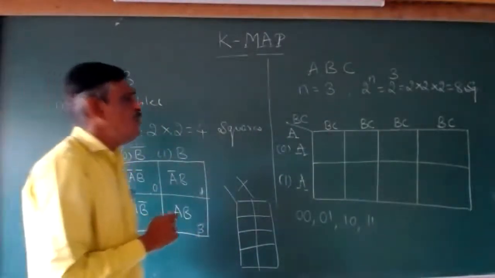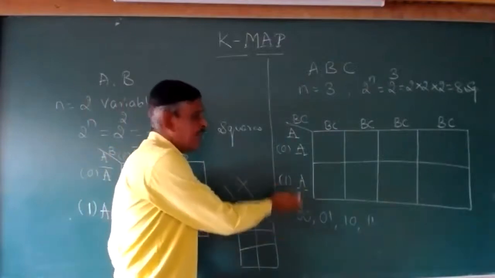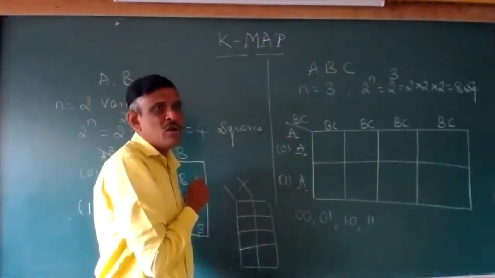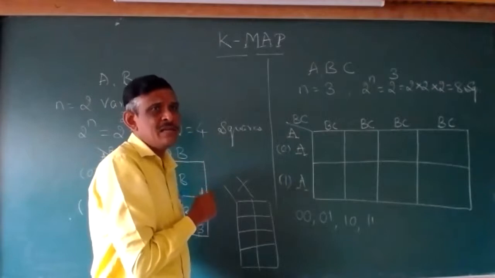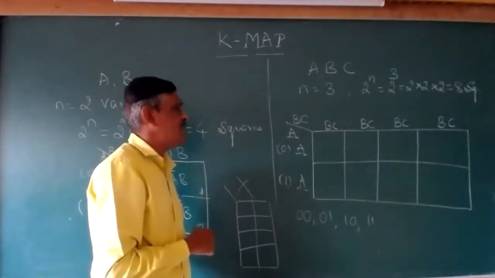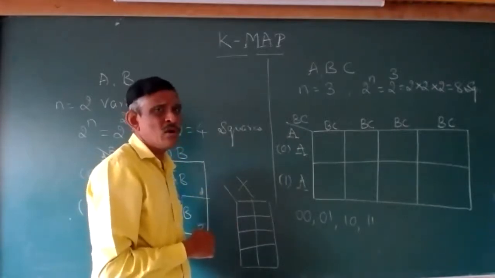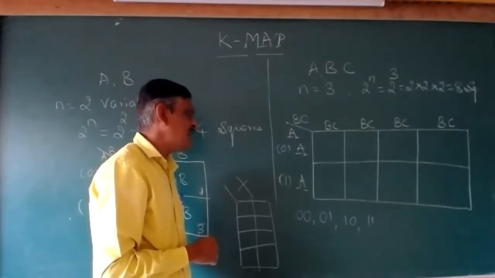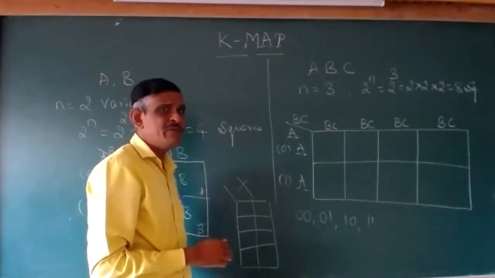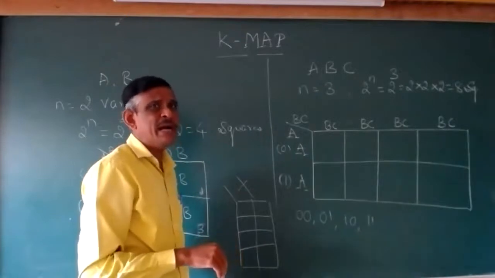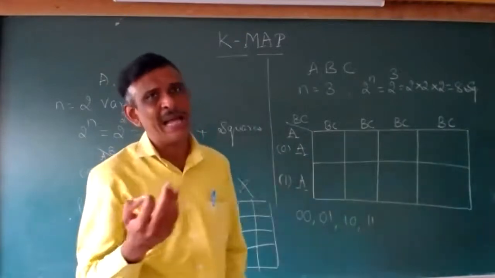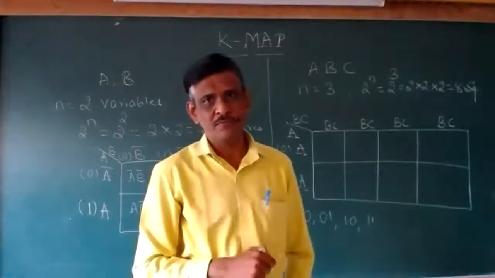But we are not following this technique in our K-map because Carnot has given a separate representation. Then only that becomes a Carnot map or K-map. Even though we are using binary numbers, he named that particular technique gray code.